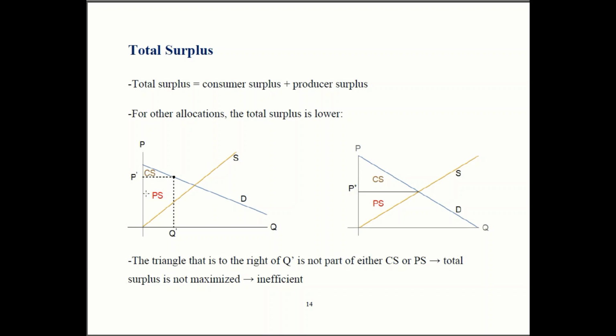So some of the consumer surplus got transferred to producers. However, some of this area is now not part of anybody's surplus. This triangle I have over here in between. So that triangle was previously split up between consumers and producers, but now no one gets it because those trades don't happen anymore.